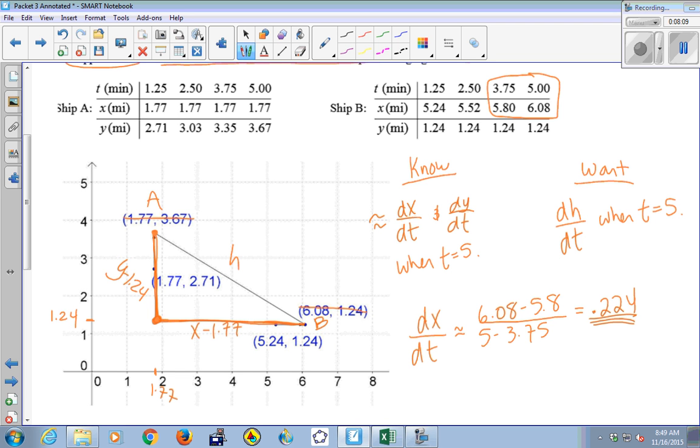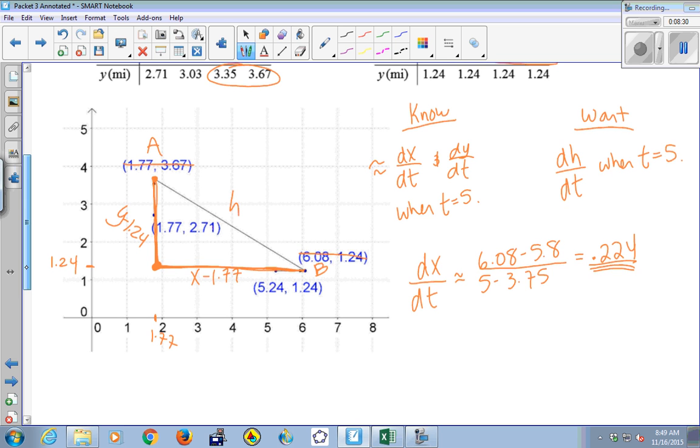And then for ship A, the information I want is the change in y because A is moving north-south. So for A, I'm going to use those times and the change in y. So dy dt is approximately the change in y, 3.67 minus 3.35, over the change in t, which is 5 minus 3.75.